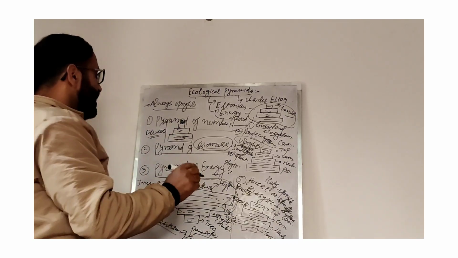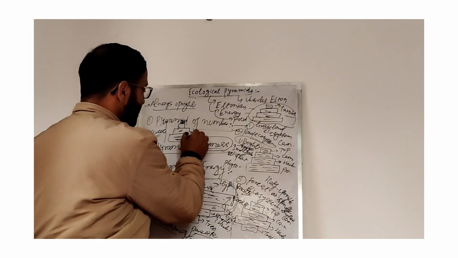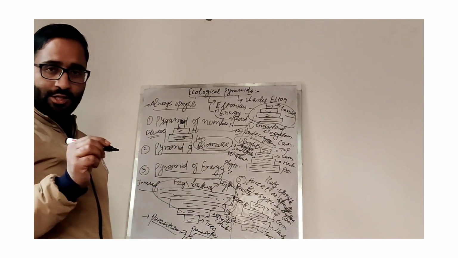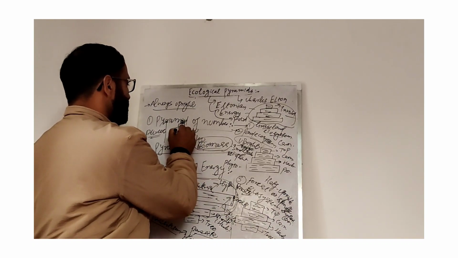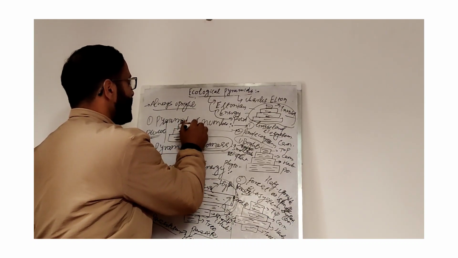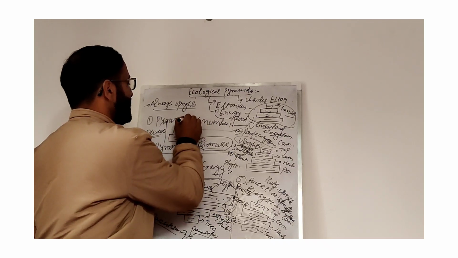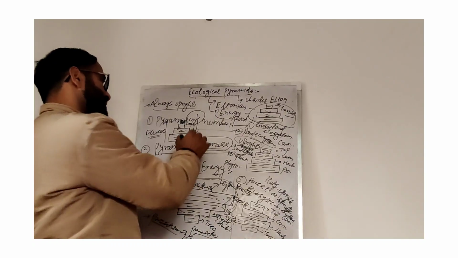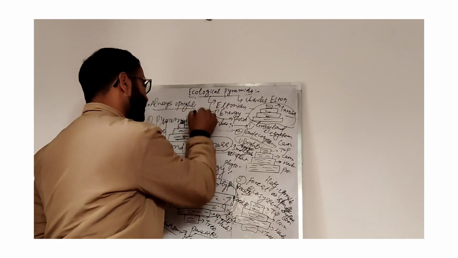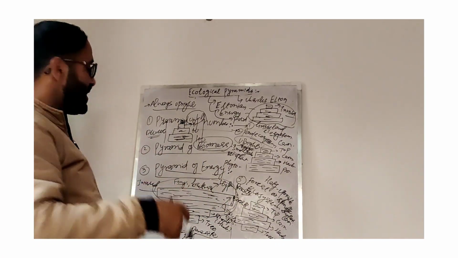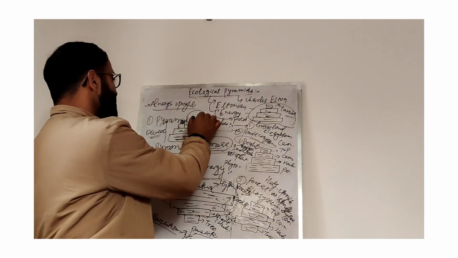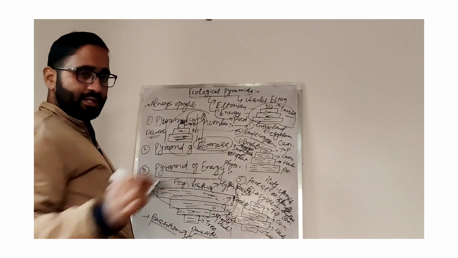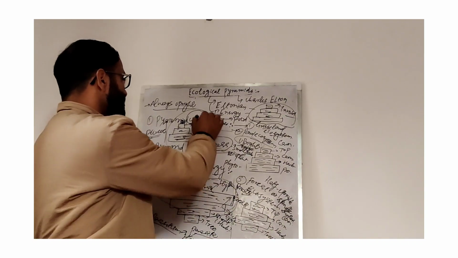Suppose we have 100 units of energy at the producer level, only 10 units of energy would be present at the herbivore level. At the carnivore level, there would be only 1 unit of energy, and at the top carnivore level, only 0.1 unit of energy. So the energy falls as we move along a food chain. That's why the pyramid of energy will always be upright, no matter what type of ecosystem we are dealing with.